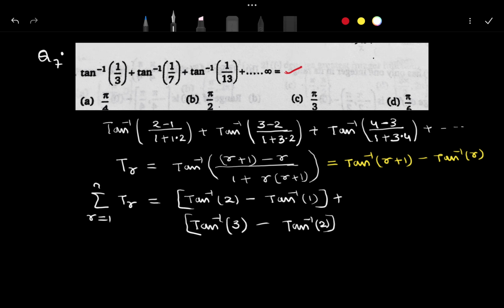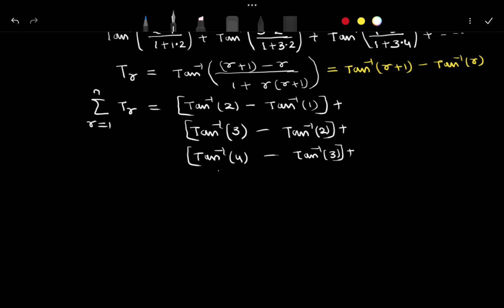Next, r equals 3, tan inverse of 4 minus tan inverse of 3. This is the third term. And so on, if you write r equals n, plus tan inverse of n plus 1 minus tan inverse of n. So this is nothing but the nth term.